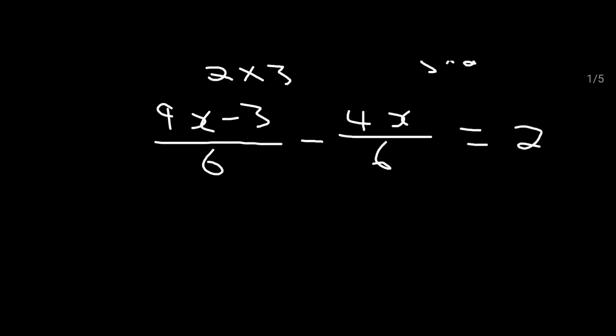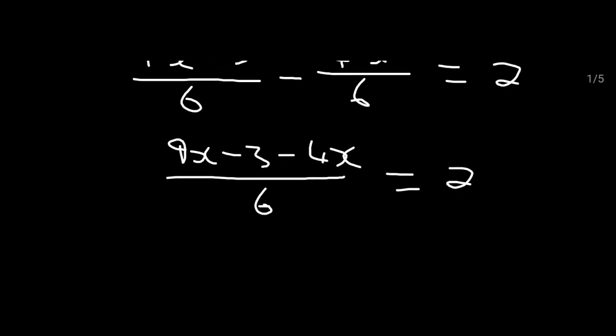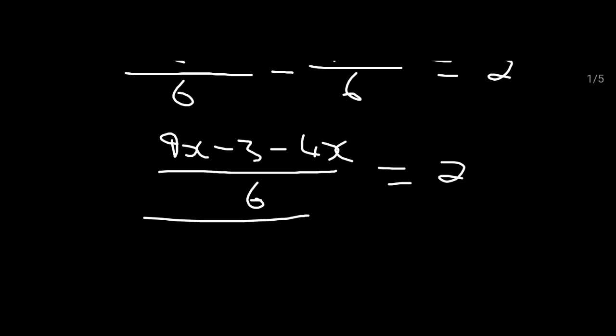So now the denominators are the same in both fractions. This means we will write one denominator, which is 6, and then write the numerator: 9x minus 3, and then there is a minus sign, so it's minus 4x, equal to 2. So now you can see that we have one fraction on this side, so we can cross multiply, and we know that 2 is right over 1.